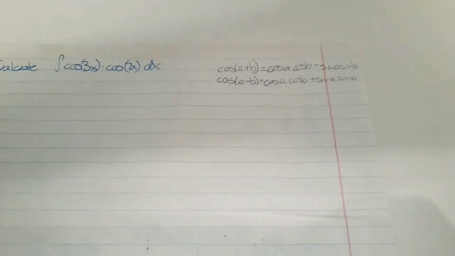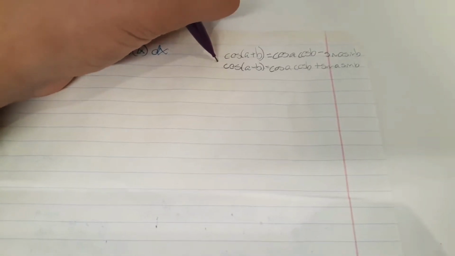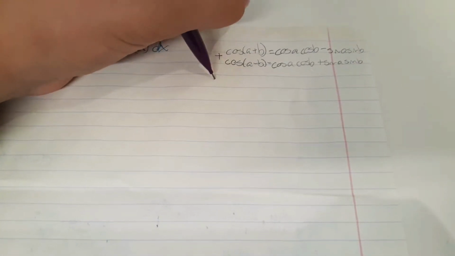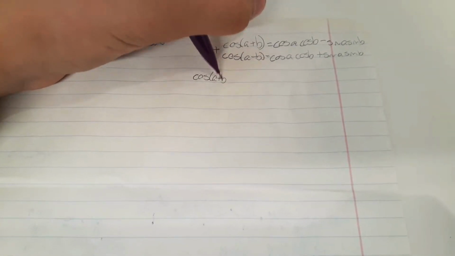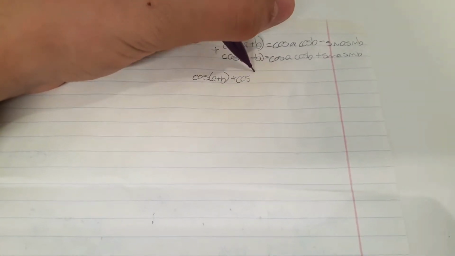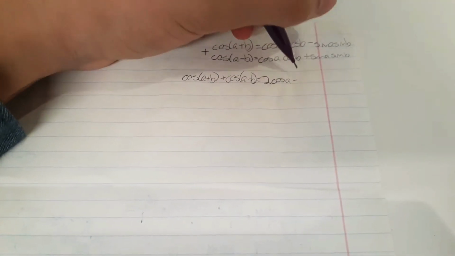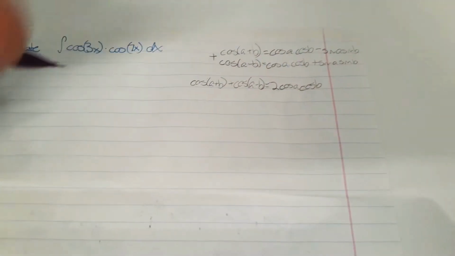Don't you remember that? This is basic stuff. What you do is add them up. I'm going to get cosine of a plus b plus cosine of a minus b equals 2 cosine a cosine b, and the sine terms cancel out, so we're all good.